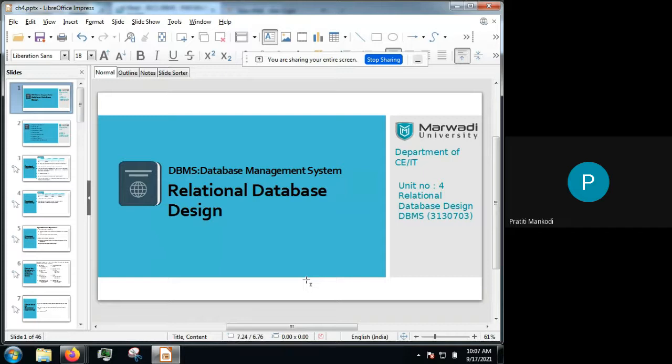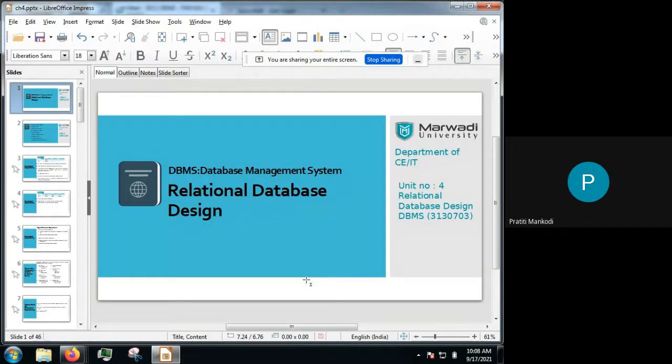The functional dependency is the way through which we can identify which attributes are dependent on which other attributes, and thereby we can deduce step by step which are the key attributes of our table, and which are non-key attributes of our table.